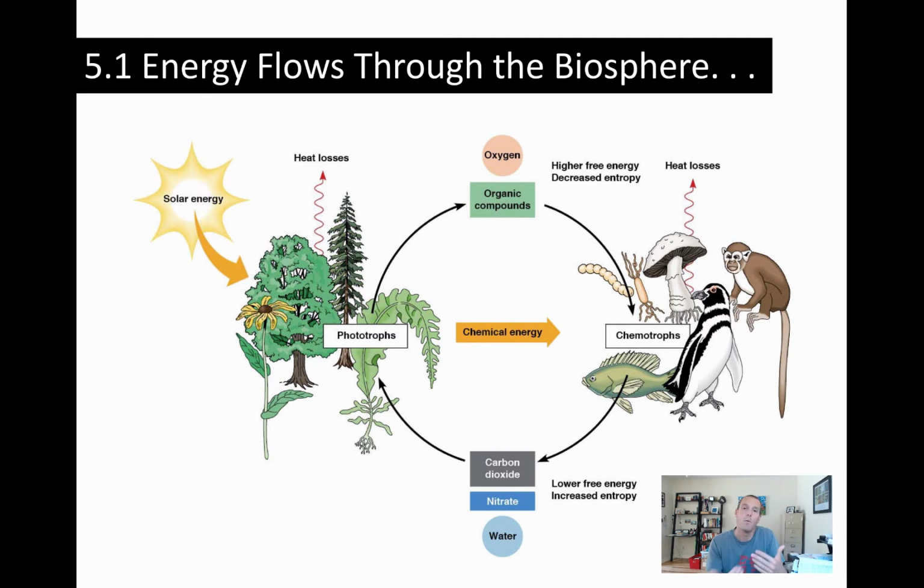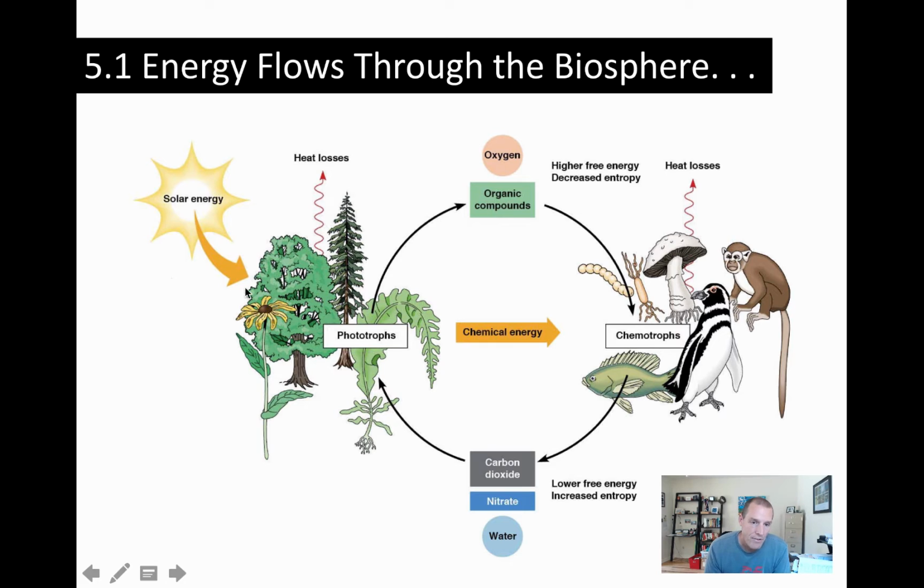The exception is organisms in deep sea vents, which obtain energy in the form of reduced inorganics spewing out through these deep sea geysers. So plants are producers, producing compounds for every other organism to consume. The plants take carbon dioxide, light energy, and water and produce all the other molecules that the chemoheterotrophs, the fishes, the penguins, the monkeys, the fungi, need for survival.